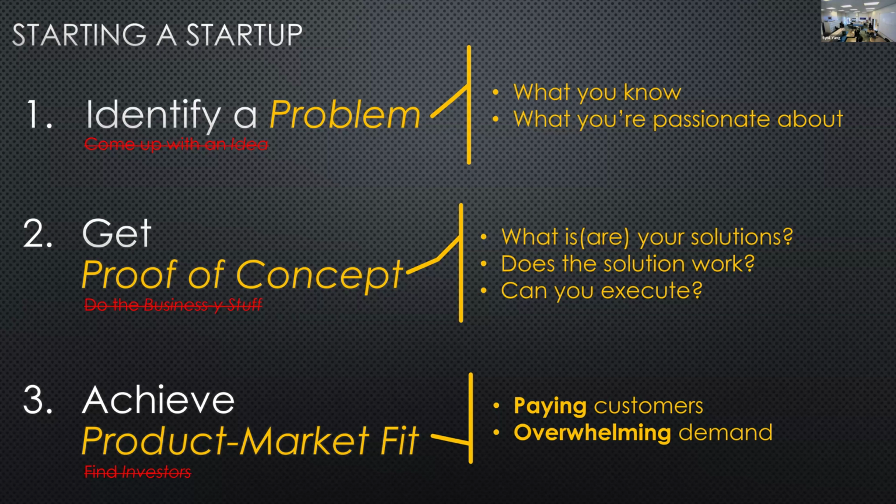The second thing you need to do is treat that problem as a hypothesis. I hypothesize that people have this problem, and not only that the problem exists, but that you understand the root causes of it. Then you need to find what I call proof of concept. You'll hear this a lot from investors and partners: do you have proof of concept for your idea?